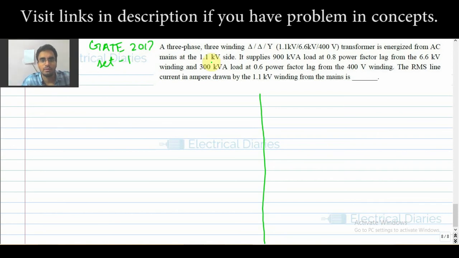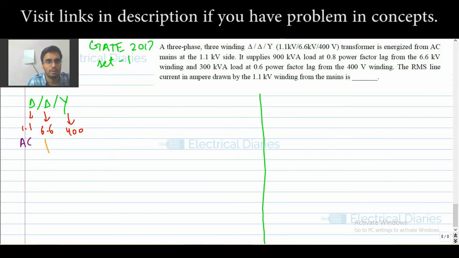A three-phase, three winding, Delta Y transformer with values 1.1, 6.6 kV, and star is 400 volts, energized from AC mains. The AC supply is given to this side. It supplies a 900 kVA load, 0.8 power factor lag from 6.6 kV.